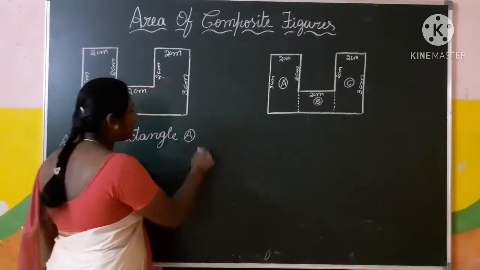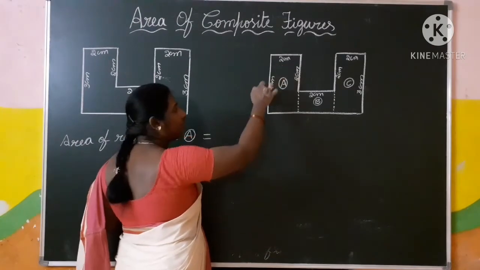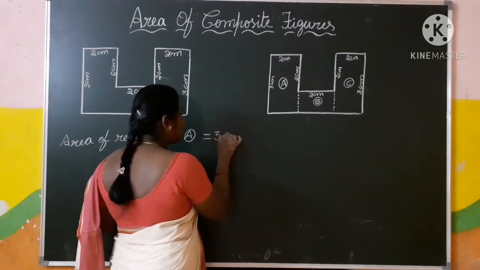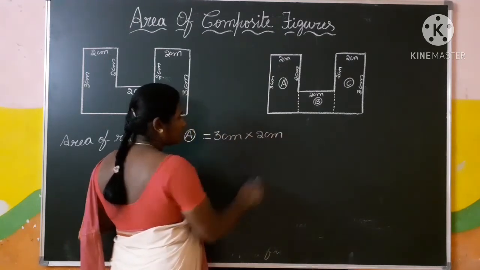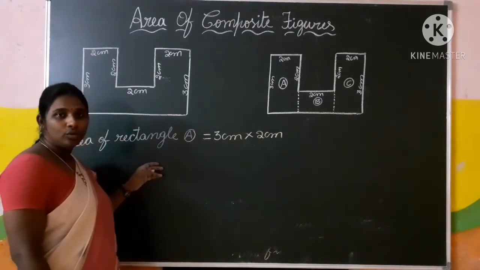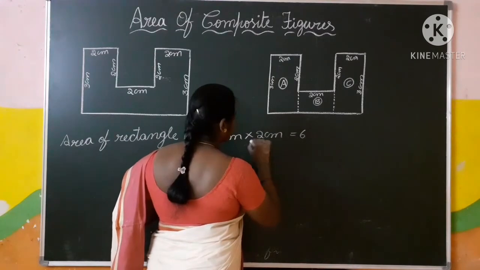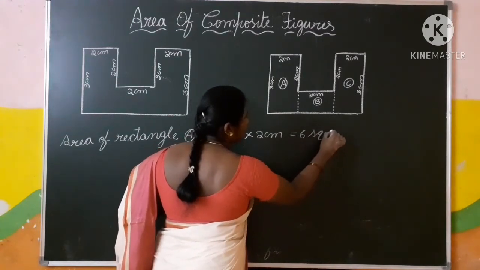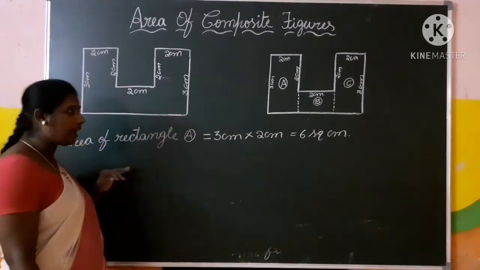So area of rectangle A is equal to length into breadth, 3 centimeters into 2 centimeters. 3 twos are 6 square centimeters. Now we have found the area of rectangle A.